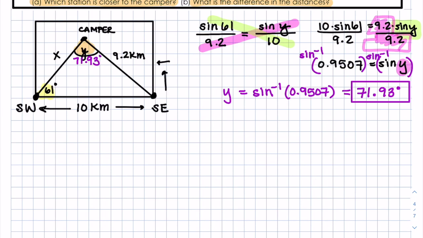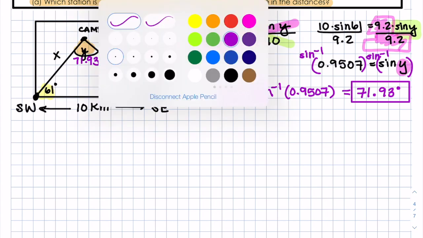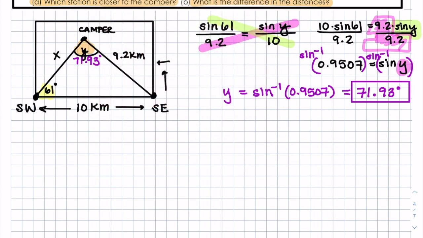71.93 degrees. And then hopefully you know that in a triangle, the maximum number of degrees you can have is 180. So I currently have a triangle that has 61 plus 71.93, and that's going to give me 132.93.